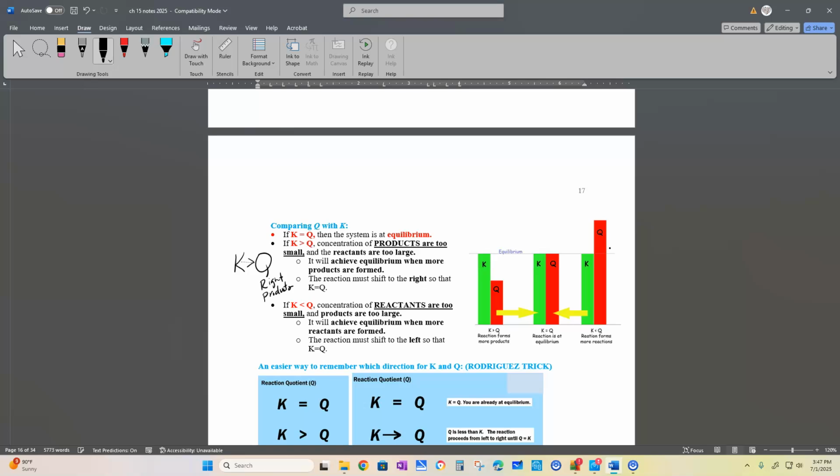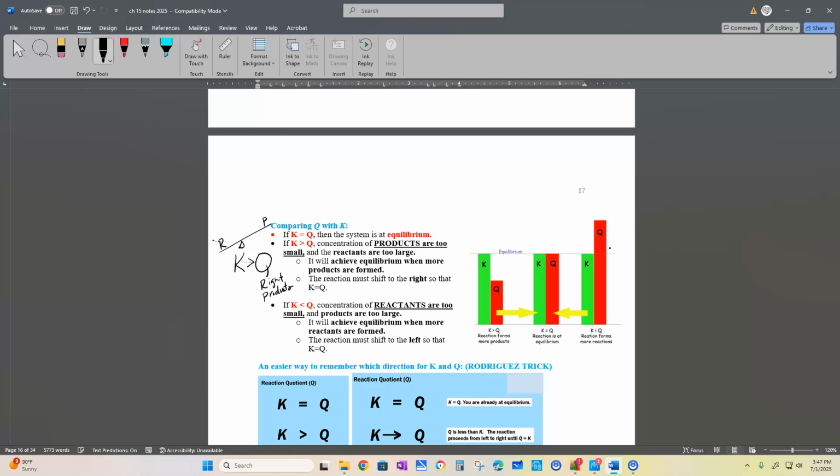So what happens is your concentration, sorry, we're just dealing with concentration. I was going to say the word pressure, but not yet. Your products are way too small. So with your teeter-totter, if your products are way too small, then that means you have too much reactants and not enough products.